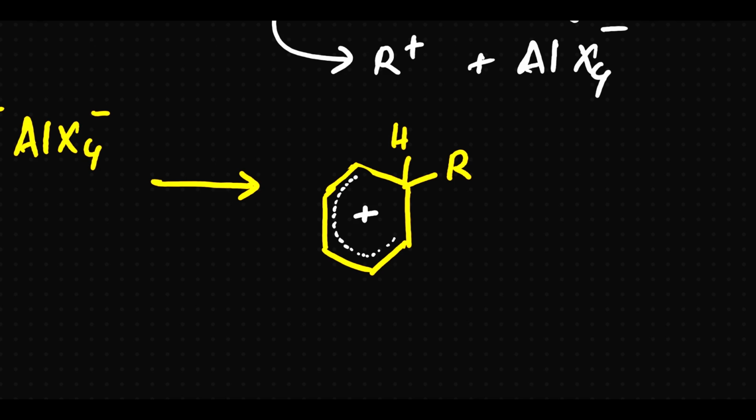Okay, this species will be formed, and this cationic species is accompanied by the anion. Now the aromaticity is lost.